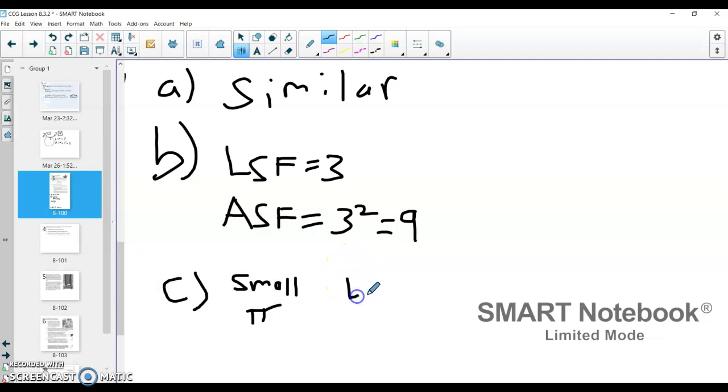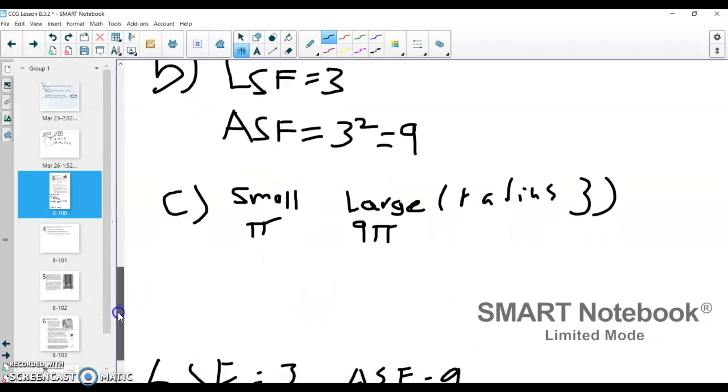And so the large circle has an area that is 9 pi. And I should say the large circle, I should really be more clear and say large is actually this one with the radius 3. All right, 9 times bigger. It's got that area scale factor of 9.